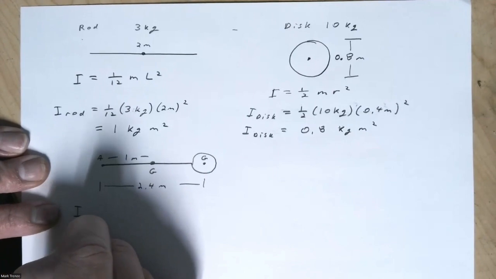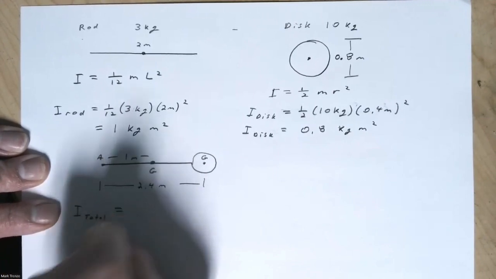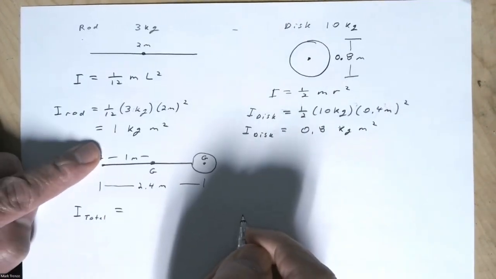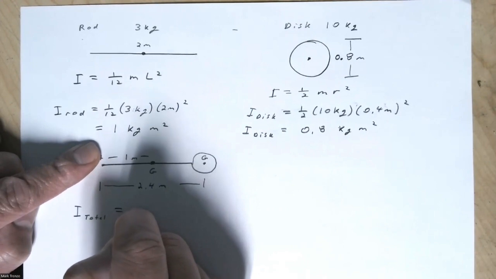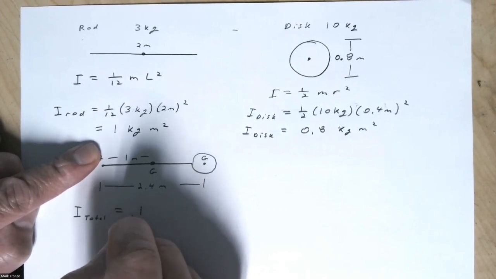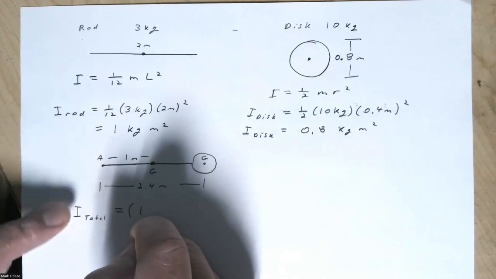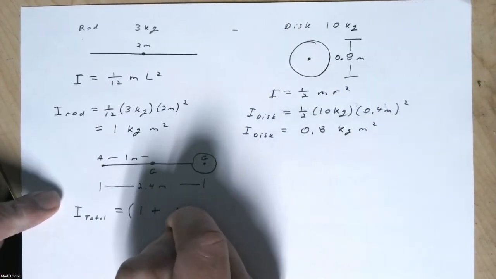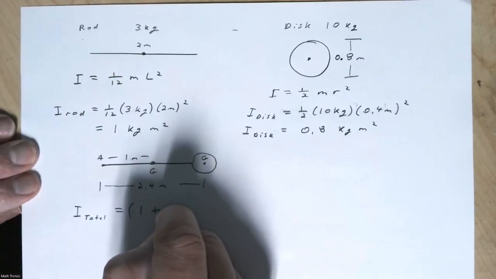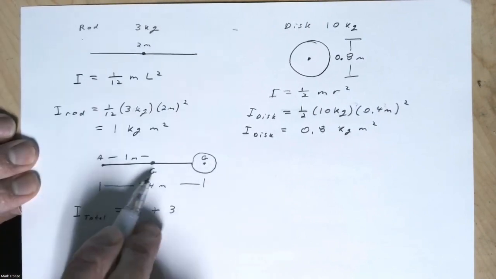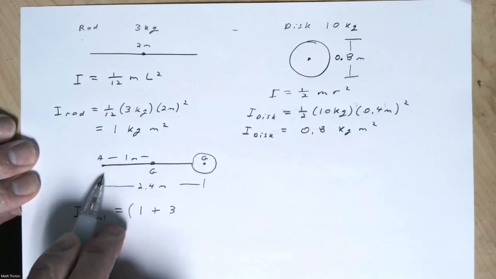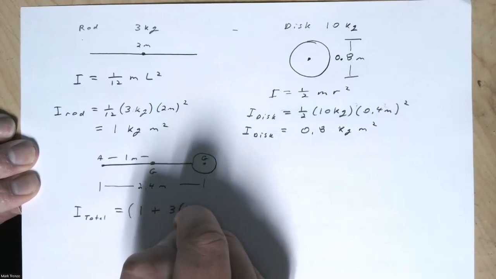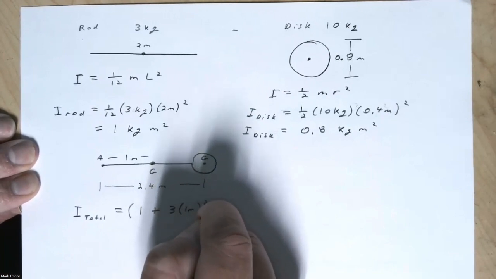So if we want to say the total mass moment about A will be the rod, which is 1 kilogram meters squared, plus using the parallel axis theorem, its mass times the distance from its center of gravity to the center of rotation, and we'll square that.